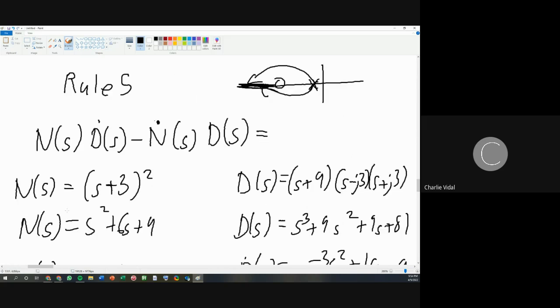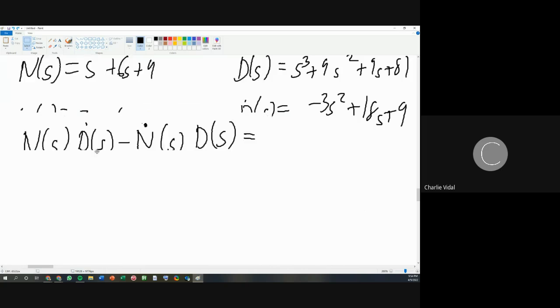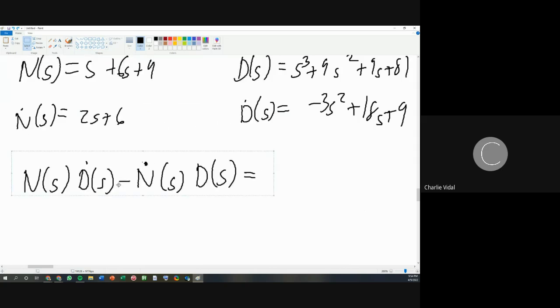Now to use this equation over here, which I'll just copy, you would have to solve this equation out too, and I'm not going to bother you with all the calculations. I'll just give you the answer: s to the fourth plus 12s cubed plus 72s squared minus 405.